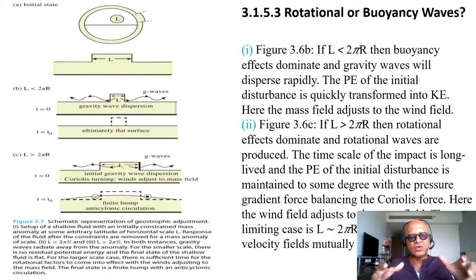The mass field is so large that the winds begin to adjust. So the finite hump then doesn't completely dissipate away, because the winds adjust and create an anticyclonic inertial motion which tends to maintain the original perturbation to some extent.